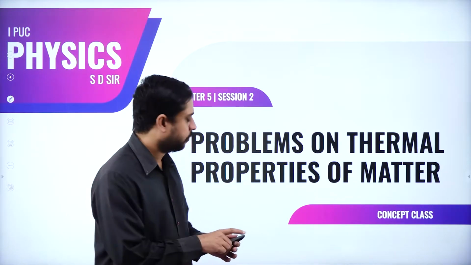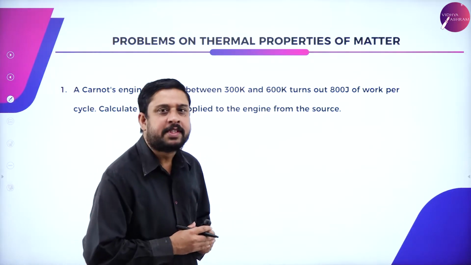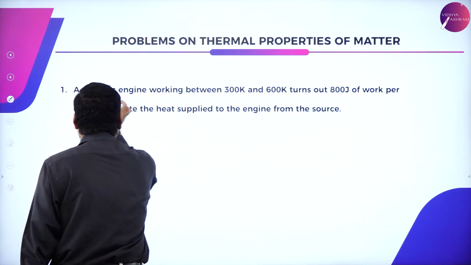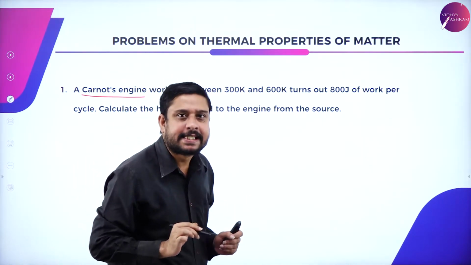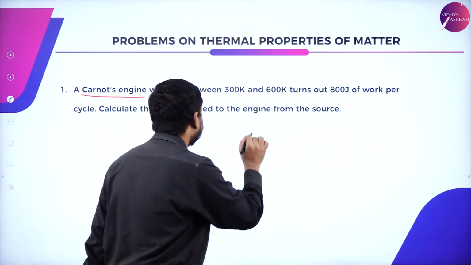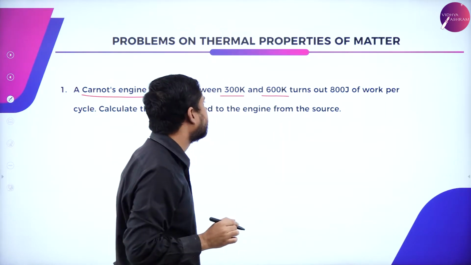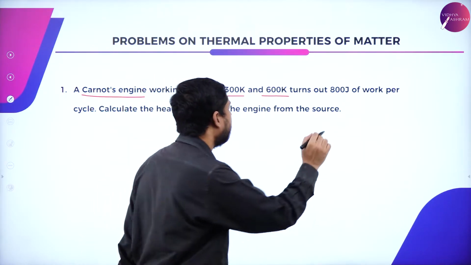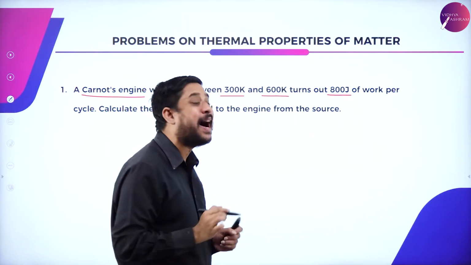First one. The problem says a Carnot's heat engine, working between 300 Kelvin and 600 Kelvin turns out 800 joule of work per cycle.